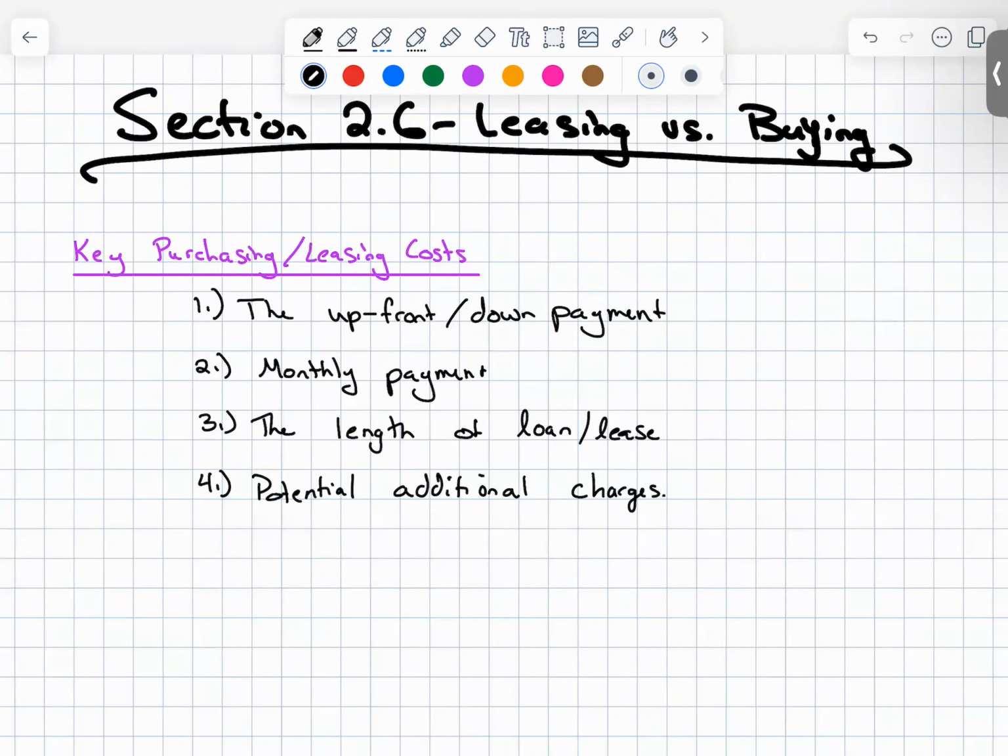We'll talk about it in a second when we get to mortgages, but the most ridiculous thing in my opinion right now is private mortgage insurance, PMI. If you've ever heard of it, if you don't put 20% down on your house, you have to pay for private mortgage insurance until you reach that 20%.